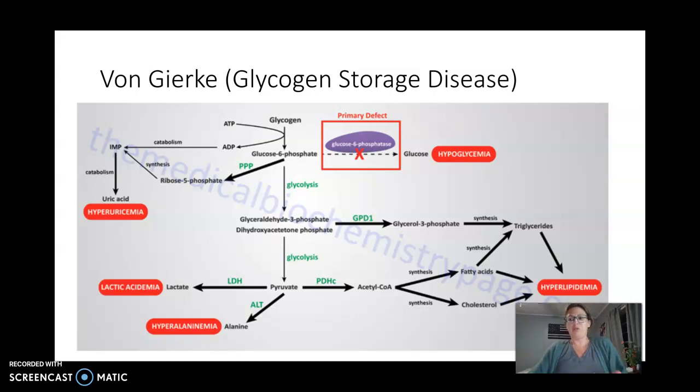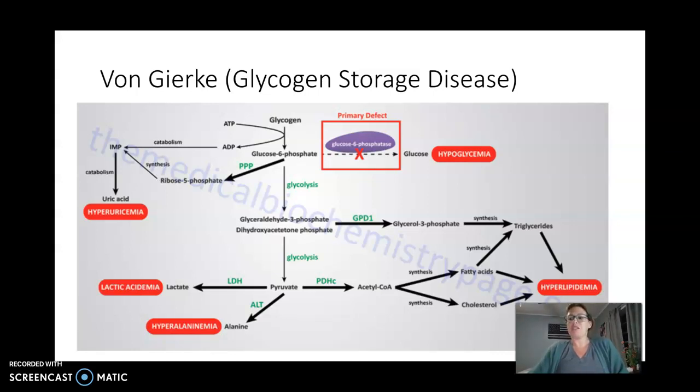If we're not able to generate free glucose due to not having the enzyme glucose 6-phosphatase, then that would impact gluconeogenesis and glycogenolysis processes and would lead to a fasting hypoglycemia due to many other pathways being involved here, as you can see, which were some of the symptoms that the child displayed.